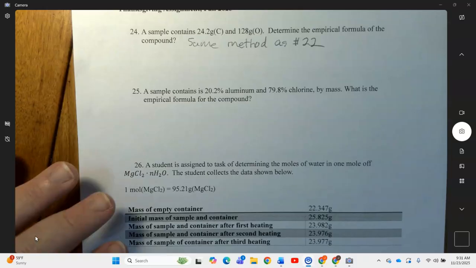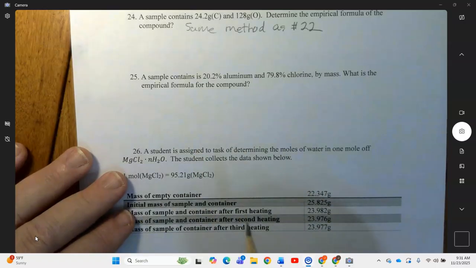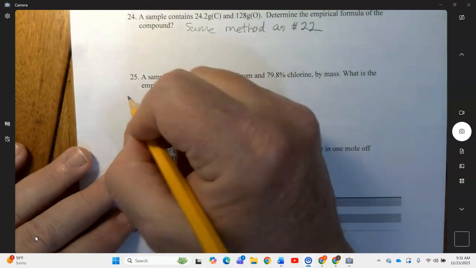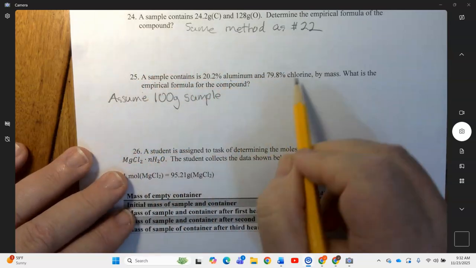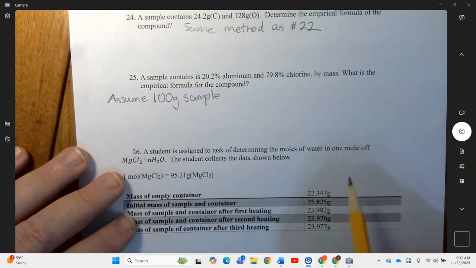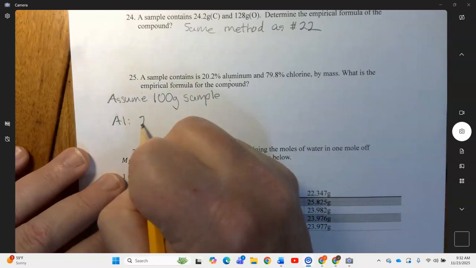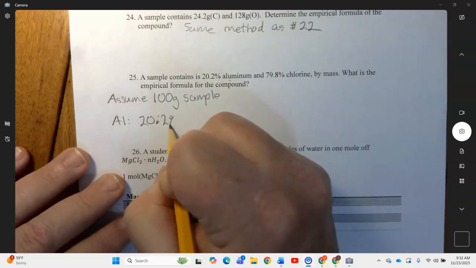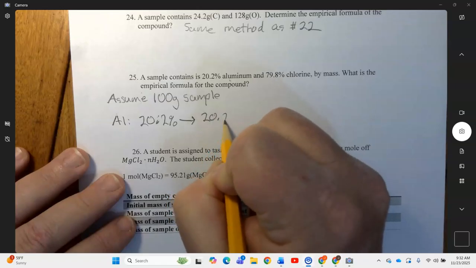Okay, all right. Now we're going to do one that deals with mass percent. Okay, and assuming, so you have to write this assumption. So you're assuming a 100 gram sample of this aluminum and this chlorine. Okay, if you do that, then for the aluminum, 20.2% turns into 20.2 grams.